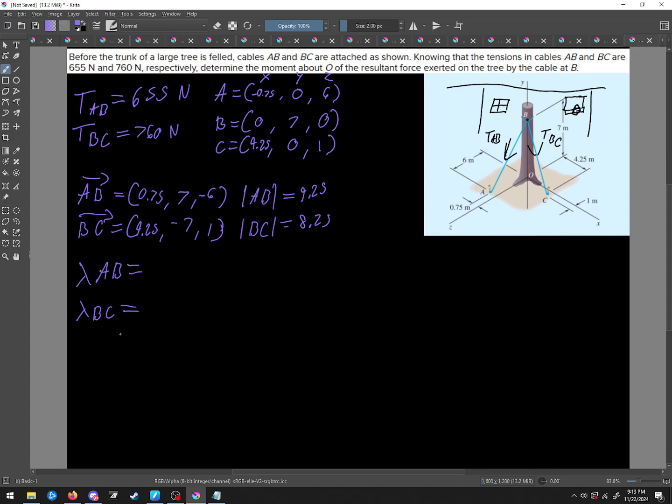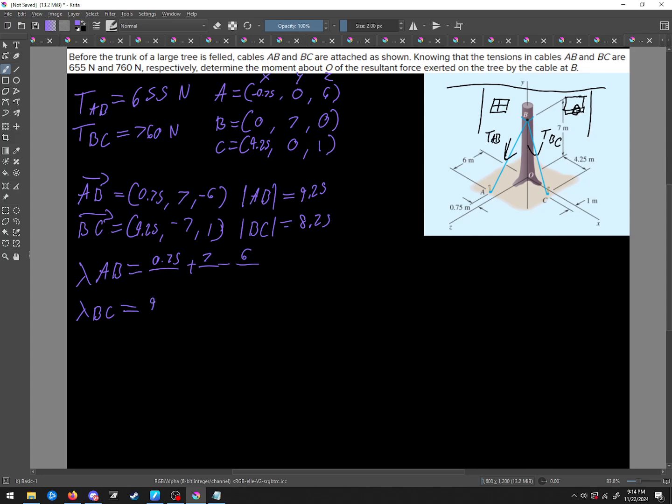This will give us an x, y, and z, and then we'll have the force of TAB and x, y, and z. And from there, we can do distance cross force, a moment, r cross F. So, yeah, this is all coming together. We're going to have 0.75, 7, negative 6, all going to be divided.